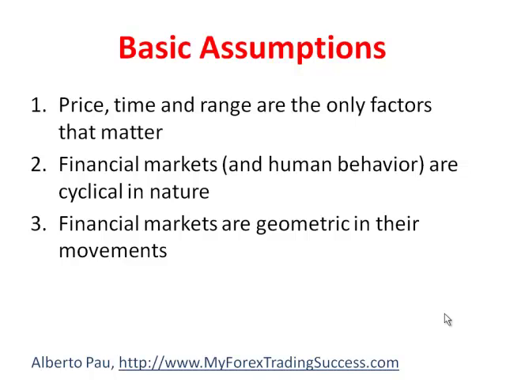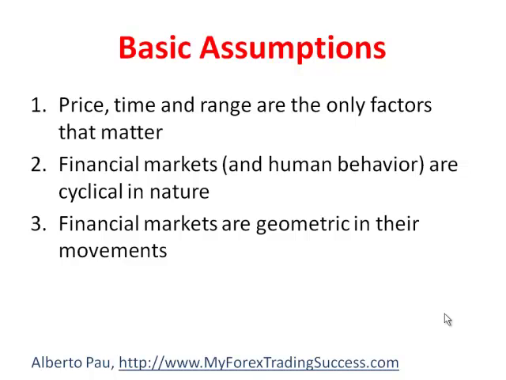So you can see how this is invariably technical analysis, as none of the fundamental factors have an impact. These key elements are key. I'll repeat them. They are price, time and range.